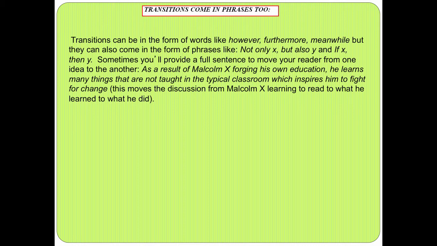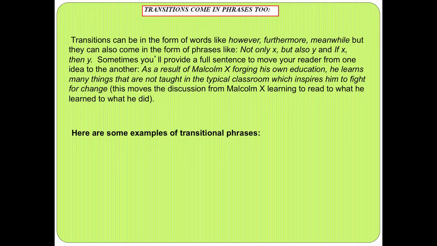As a result of Malcolm X forging his own education, he learns many things that are not taught in the typical classroom, which inspires him to fight for change. This moves the discussion from Malcolm X learning to read, to write, to what he learned, to what he did.